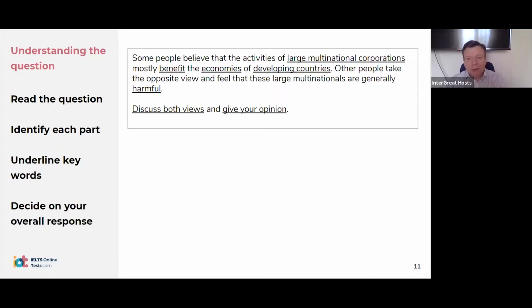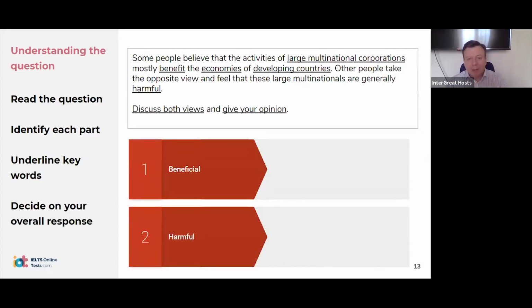So, decide on your overall response. So, we've got beneficial, harmful. So how can these large multinationals benefit the economies of developing countries? Aid, okay. Job opportunities.